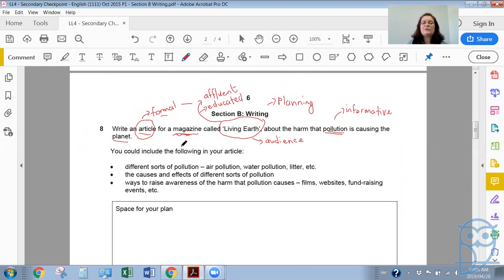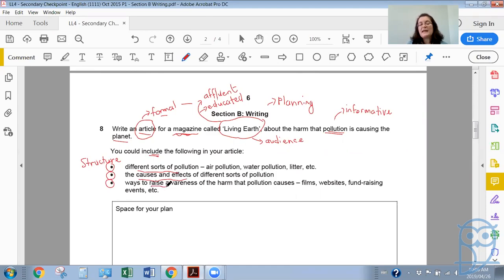Now, you could include the following in your article. Always take notes of the bullet points you are given. They will give structure to your argument. It's all about structure. So include these, mention these: different sorts of pollution, air pollution, water pollution, litter, etc. The causes and effects of different sorts of pollution.